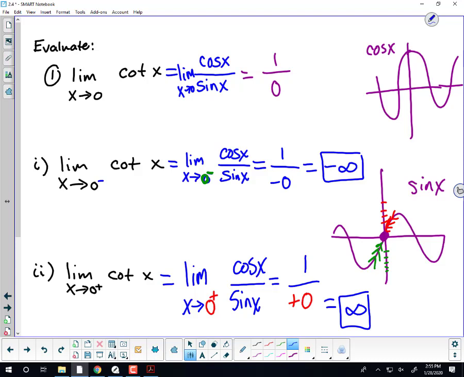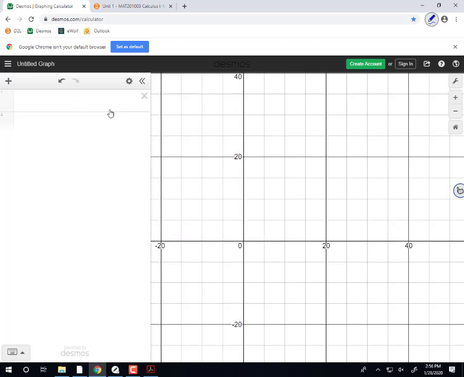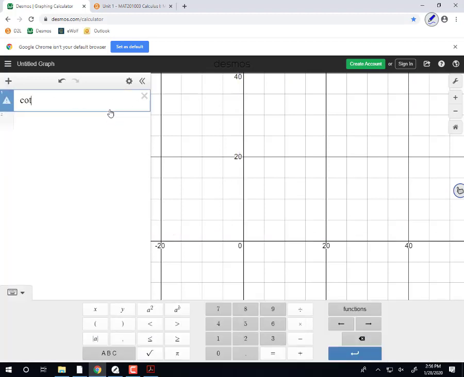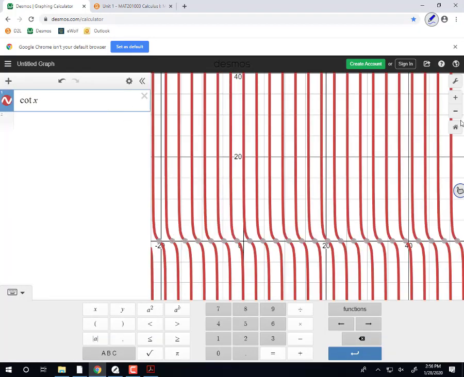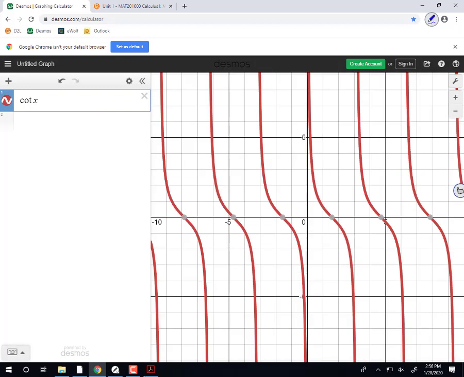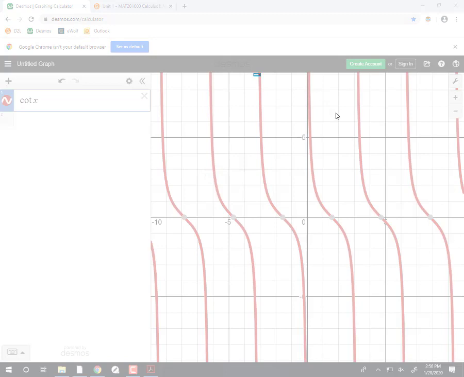So we'll go ahead and put the graph of cotangent in just for visual verification. At least this part.